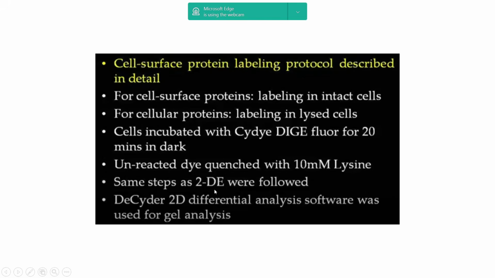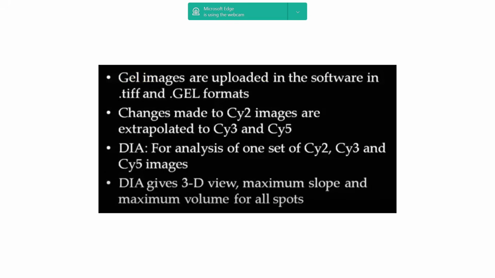Then you follow a similar 2D and do the analysis using DeCyder software. If you are studying cellular proteins, you can label lysed cells as well. If you are studying cell surface proteins, you can still label them and use the similar protocol and perform this specific analysis.